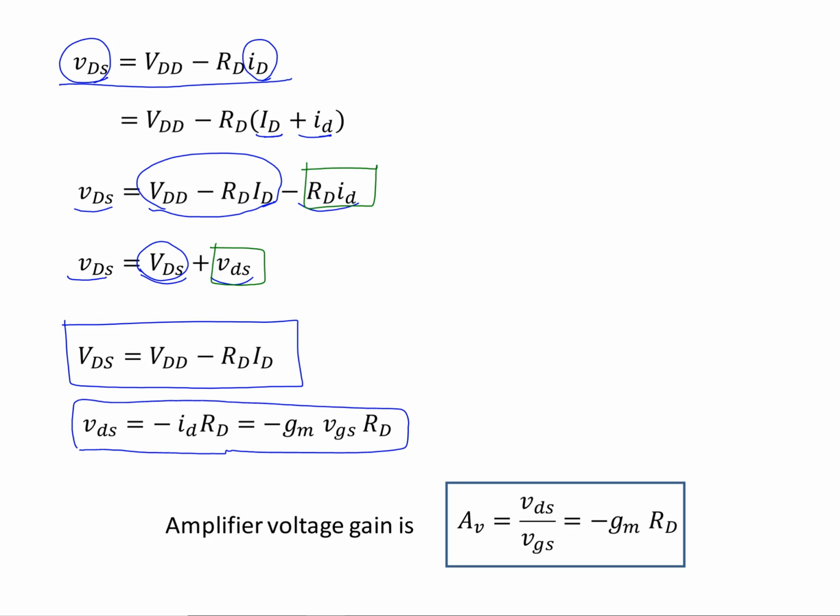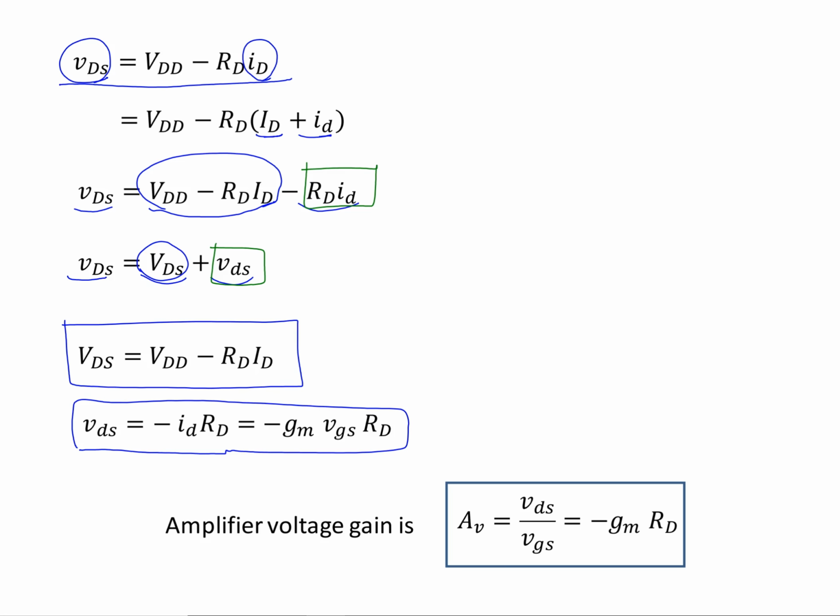Small v subscript ds equals negative small id times RD, and that is equal to negative gm vgs times RD. So the drain to source voltage is related to drain current and gate to source voltage in a linear way, and they all have a linear relationship with each other.